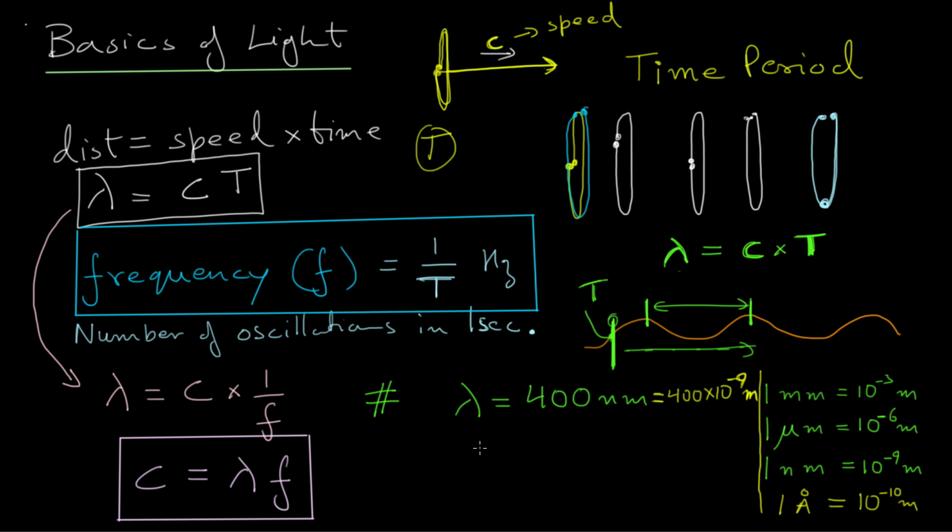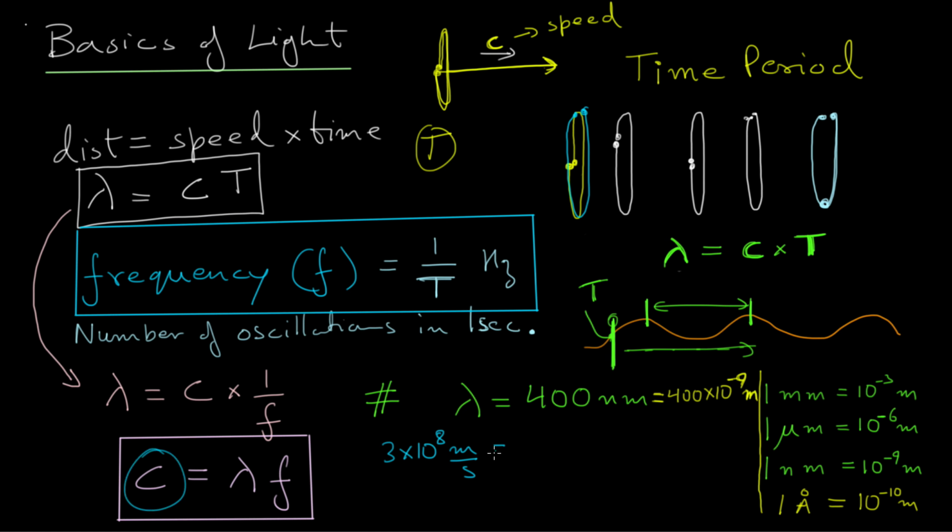Is that clear? The speed is the constant of this universe. What is that value? 3 into 10 power 8 meter per second, right? That makes your left hand side.